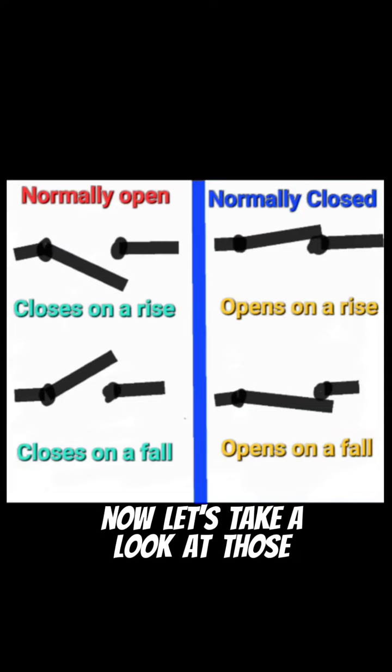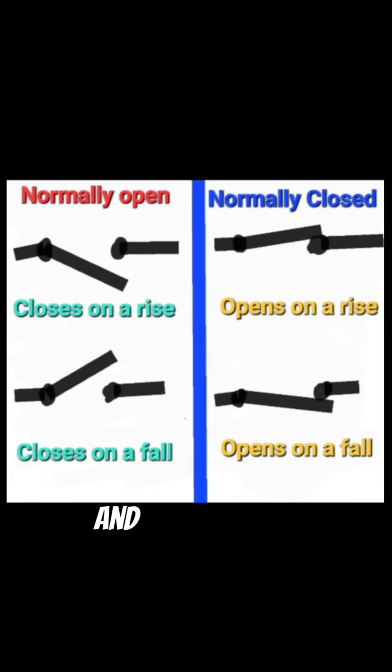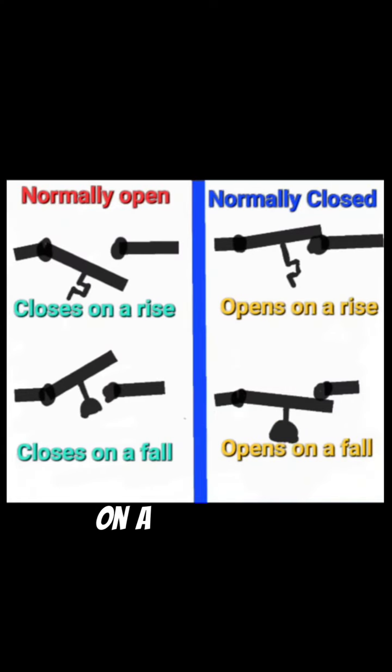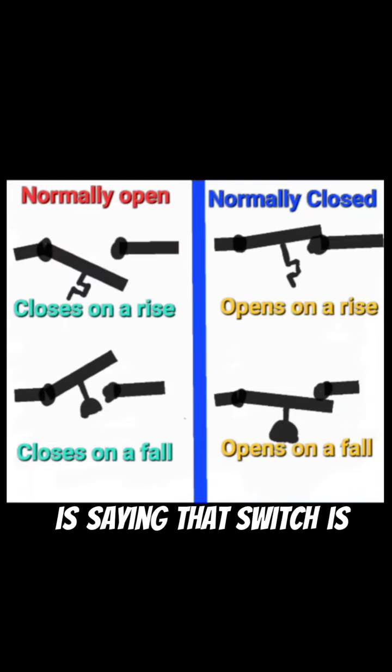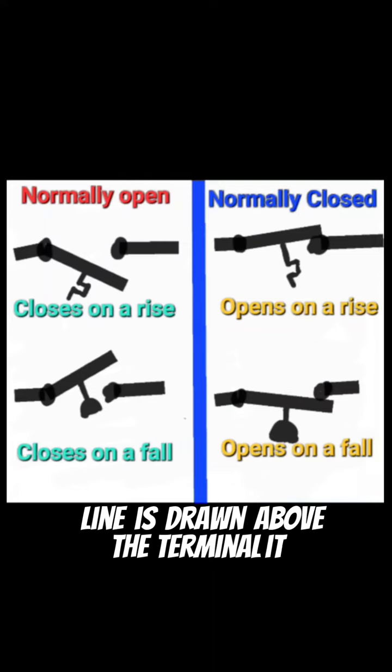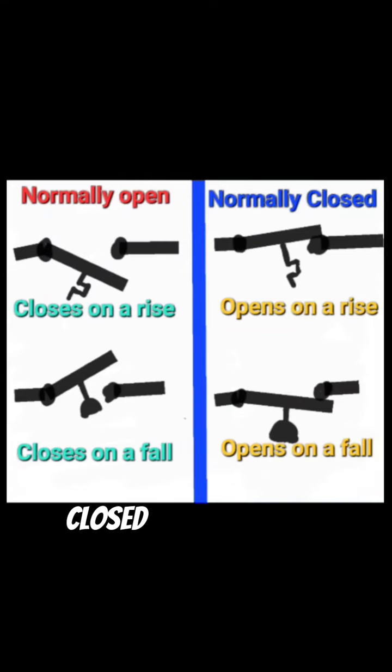Now let's take a look at those combined with the symbols and kind of what those mean. So let's look at the normally closed opens on a rise. That is saying that switch is going to be activated by temperature. And since the line is drawn above the terminal, it is currently closed, or normally closed.